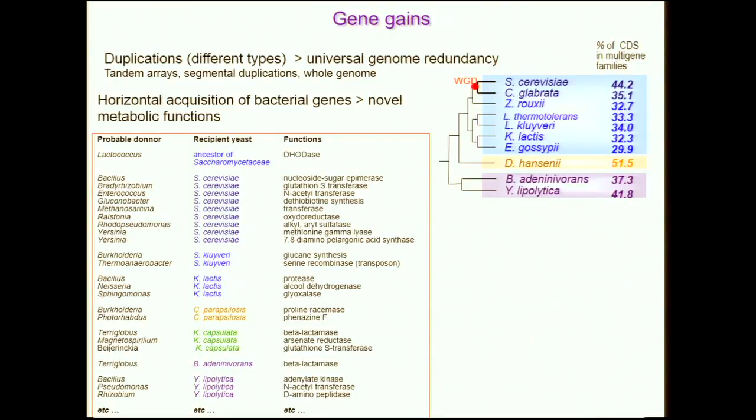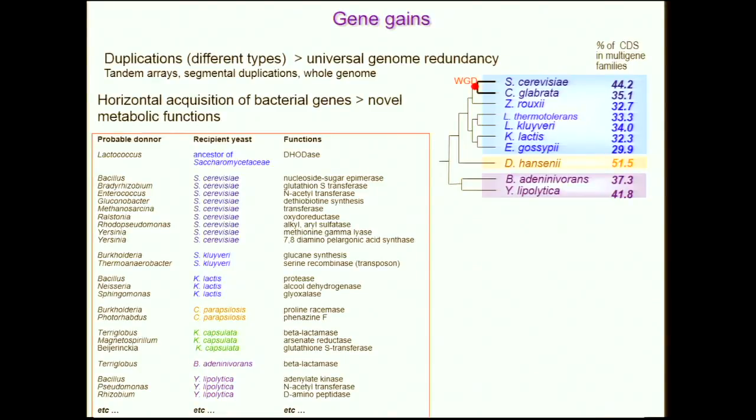But most of the time, the function is assumed according to the function described in the suspected donor. So in every yeast, we have genes of bacterial origin, mostly of different sorts. We have a few genes conserved in the phylogenetic branches, but not so many. So we have acquisition of these bacterial genes.